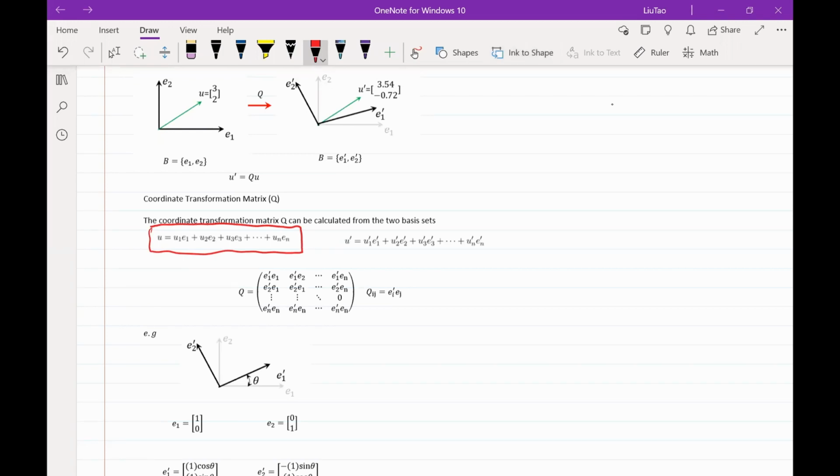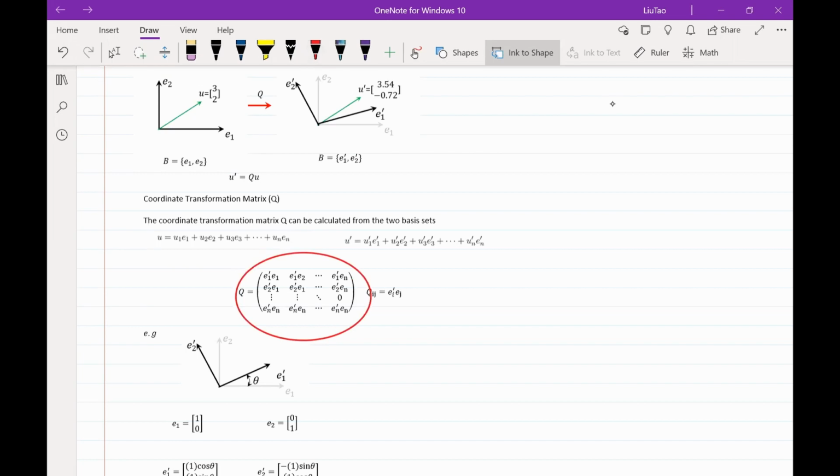And in the second basis set, we have E1 prime, E2 prime, E3 prime, all the way to En prime. This vector can be expressed like this. Then its transformation matrix Q will look like this.